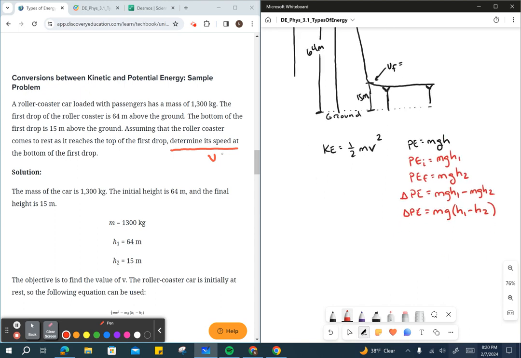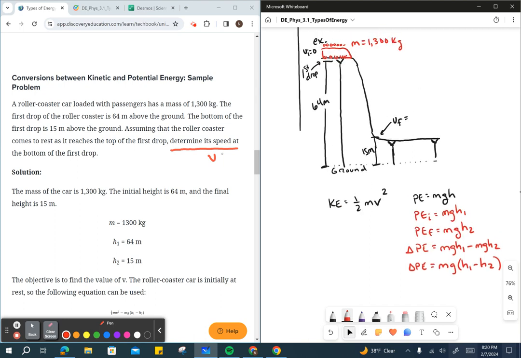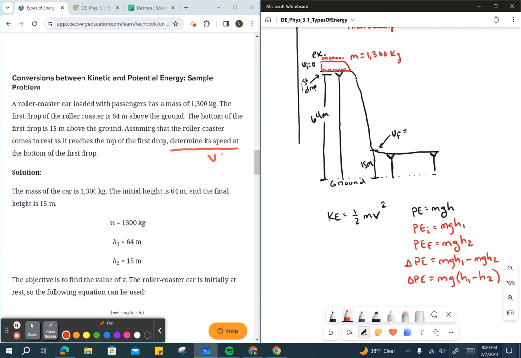Now, what's the kinetic energy here? They did tell us to assume that at the very top there was no velocity. So kinetic energy initial equals 0, right? Because there is no velocity.